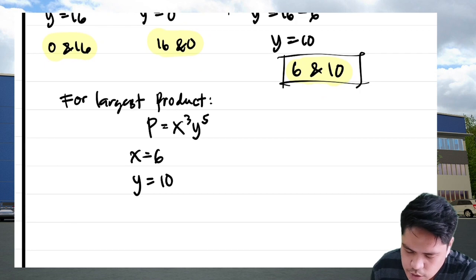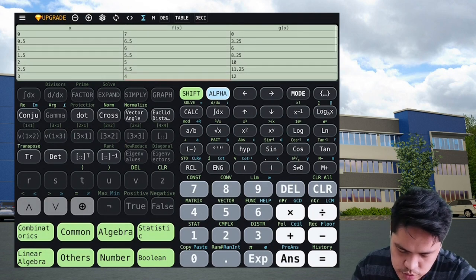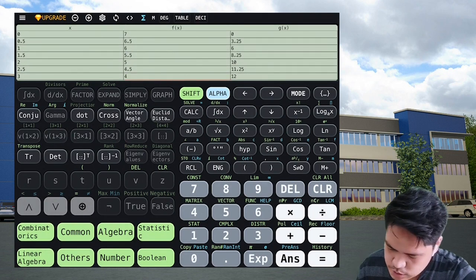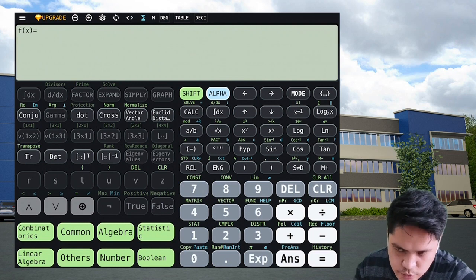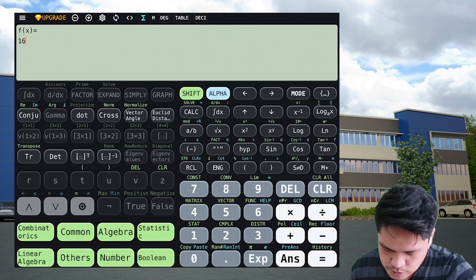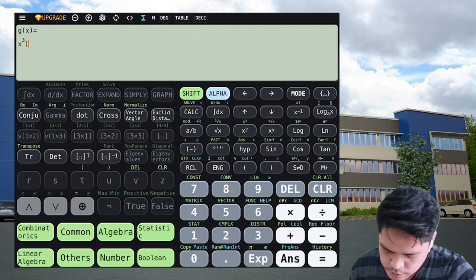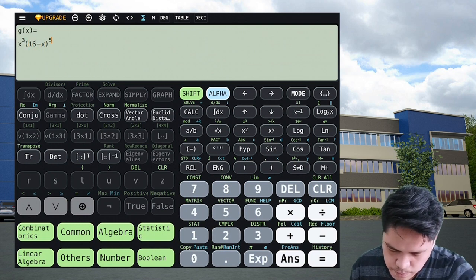Again, you may check that using a calculator. Checking this in our calculator, let's go to mode table. Let's change these values. Let's start with f of x and make that represent y, so y is 16 minus x, and g of x would represent the product of x cubed and 16 minus x raised to 5.